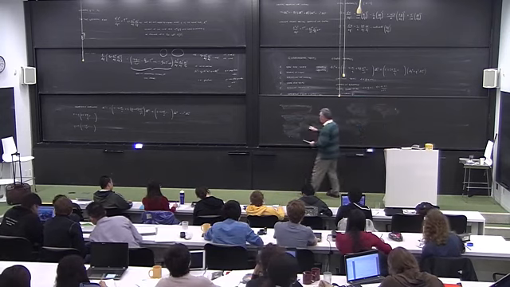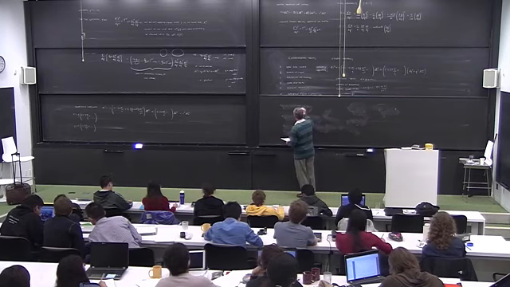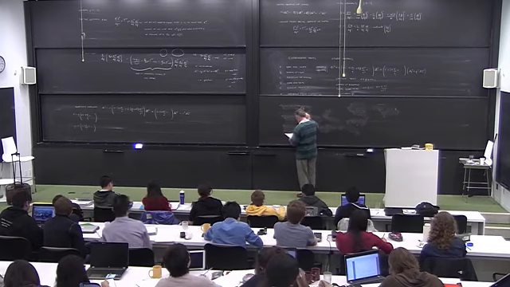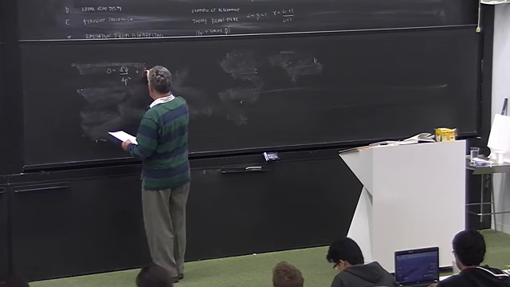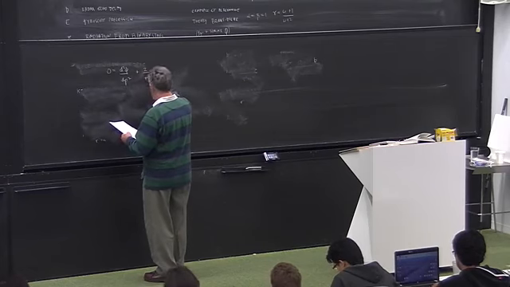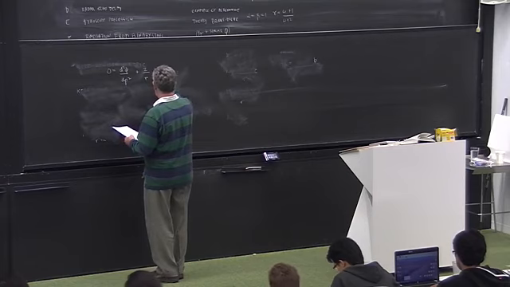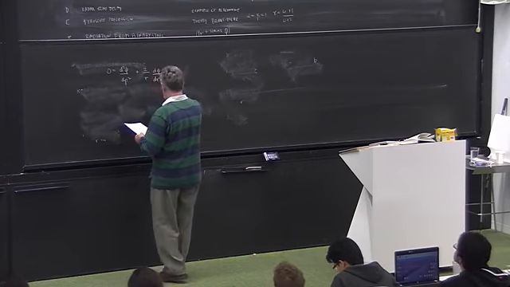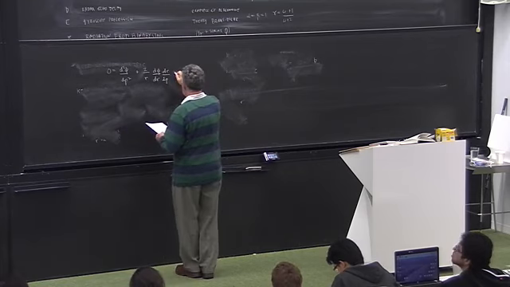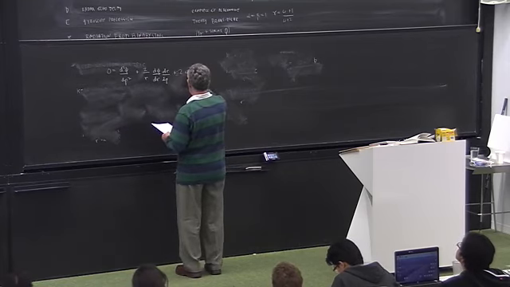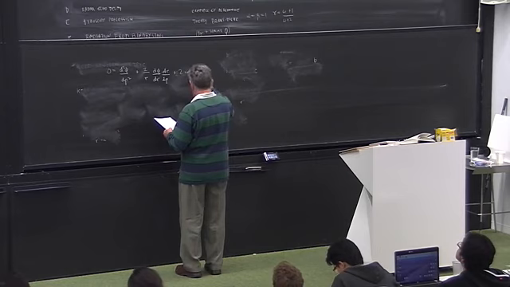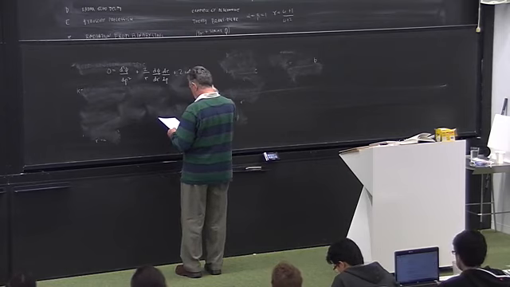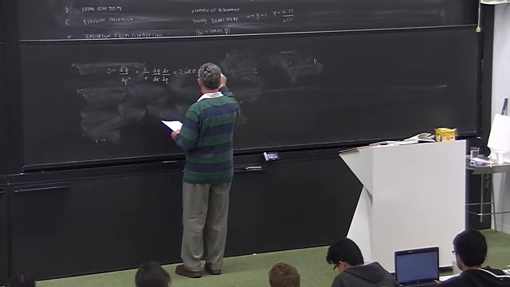The phi equation is d2 phi by dp squared plus 2 over r d phi by dp dr by dp plus 2 cotangent theta d phi by dp d theta by dp.